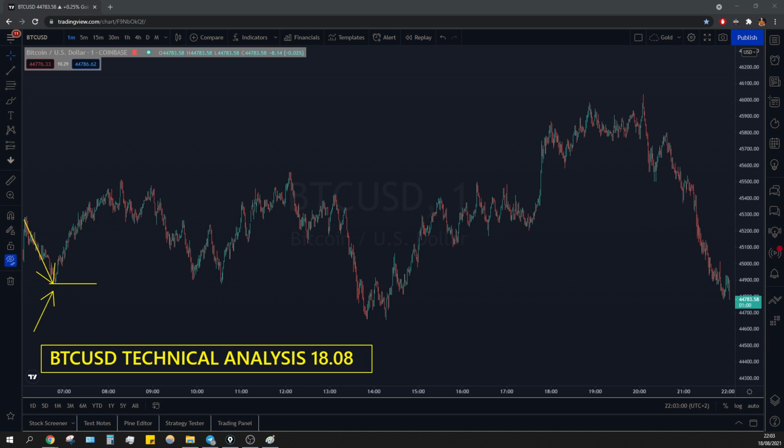So we saw this bounce up, creating a new high. New Eurozone open, 8 a.m. Here we have some volume coming in, and we are reacting at these highs.